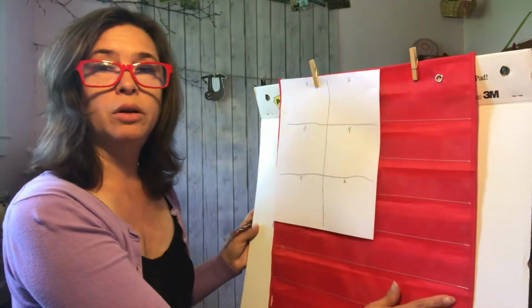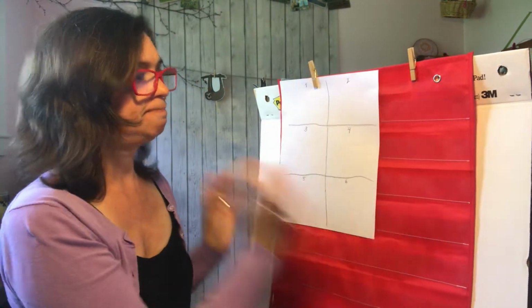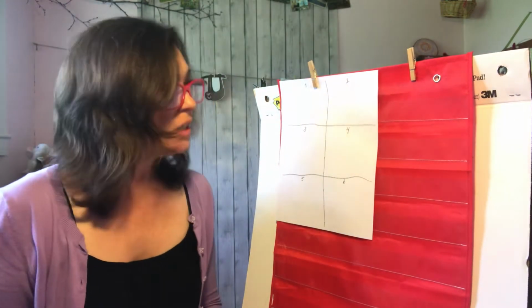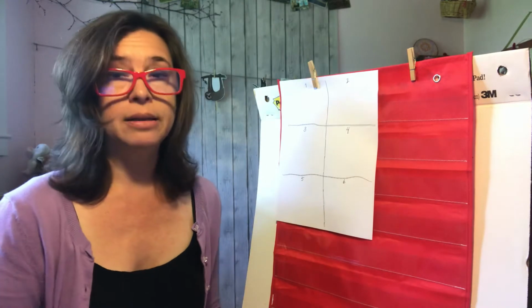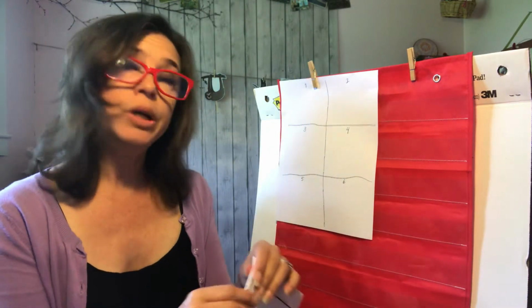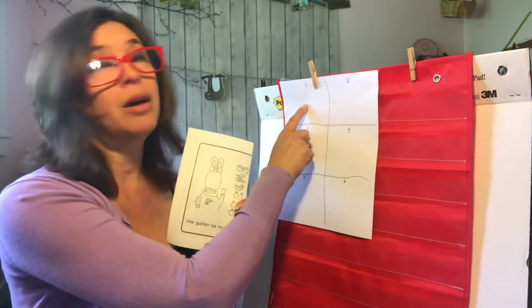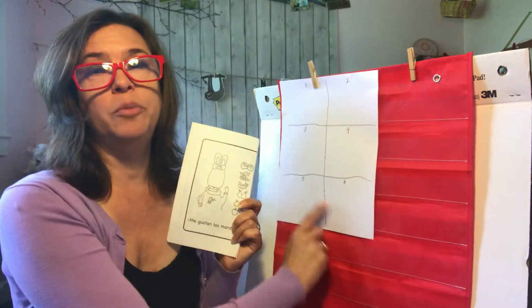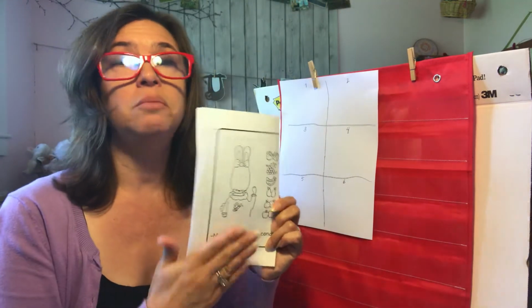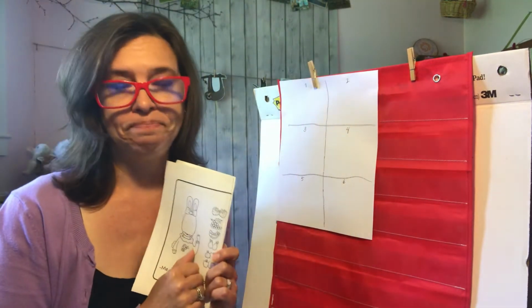Bien, okay? So the purpose for this is that we are going to be listening to each page, and we are going to be drawing the fruit that is mentioned on our piece of paper. So instead of coloring it in the mini book, we are going to draw it here.